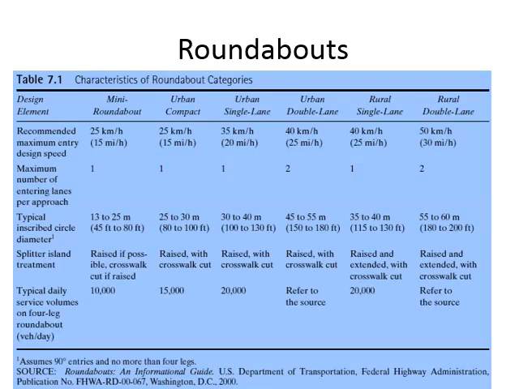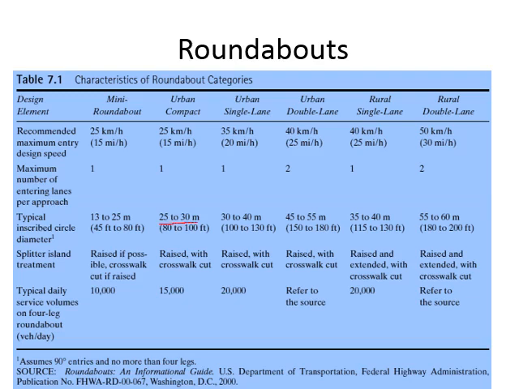This table provides the design specifications for each type of roundabout. Okay, so we have the mini roundabout, and an urban compact, for which the speed can be up to 25 kilometers per hour, but urban compact is bigger than mini roundabout.